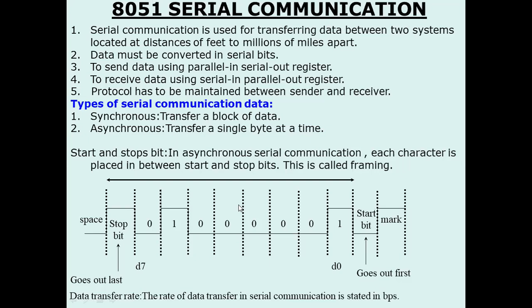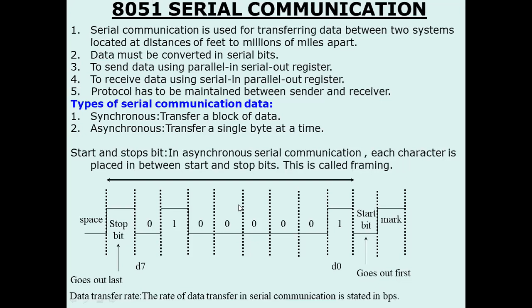Now there are some points to be discussed. Serial communication is used for transferring data between two systems located at distances of feet to millions of miles apart. Data must be converted into serial bits. To send data, a parallel-in serial-out register is used, and to receive data, a serial-in parallel-out register is used. A protocol has to be maintained between sender and receiver.